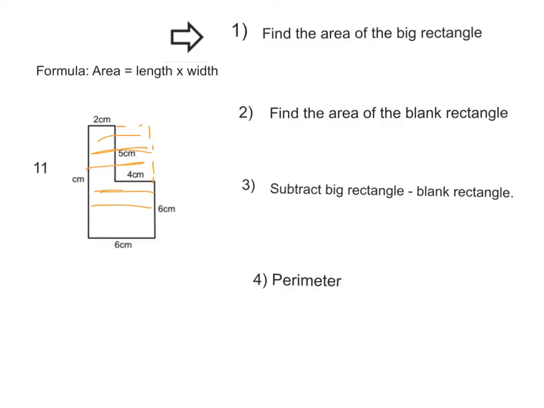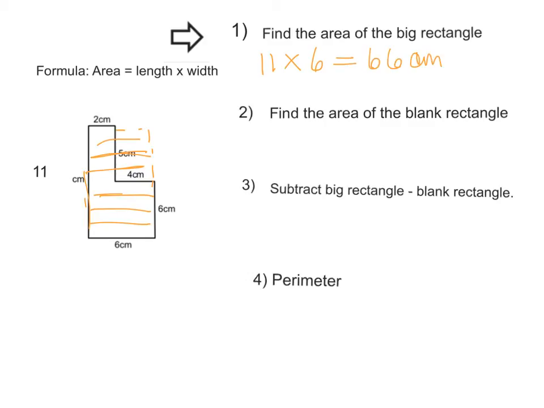And that's what we're going to call the big rectangle. So the big rectangle is 11, which is this side, times 6, which is this other one. It gives me 66 centimeters square.